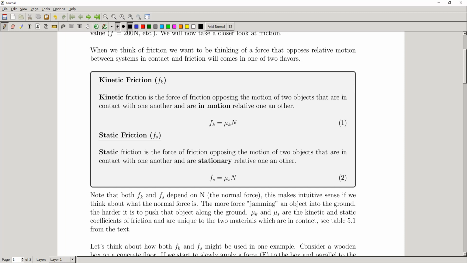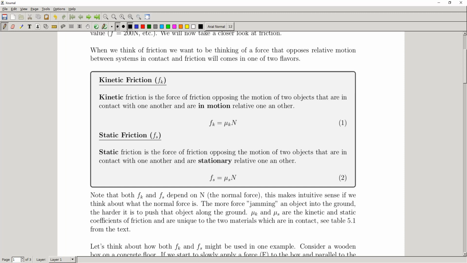Kinetic friction is the force of friction that opposes the motion of two objects that are in contact, and these objects are in relative motion to one another, right? So we have two objects which are in contact, let's say a box and the ground, but kinetic friction comes into play when the box is already in motion. Okay, so kinetic friction is the friction that's going to oppose that motion when the object is already moving, when the two objects are in relative motion to one another.